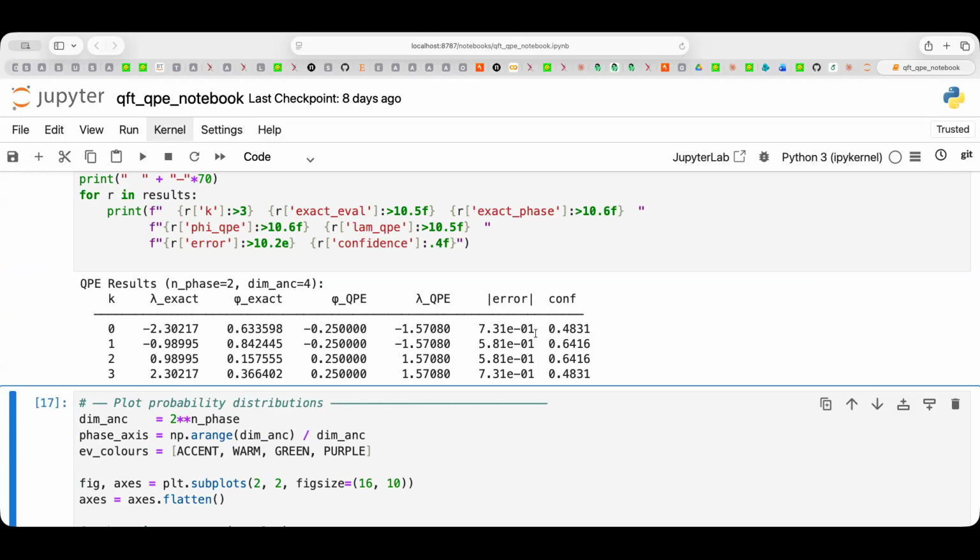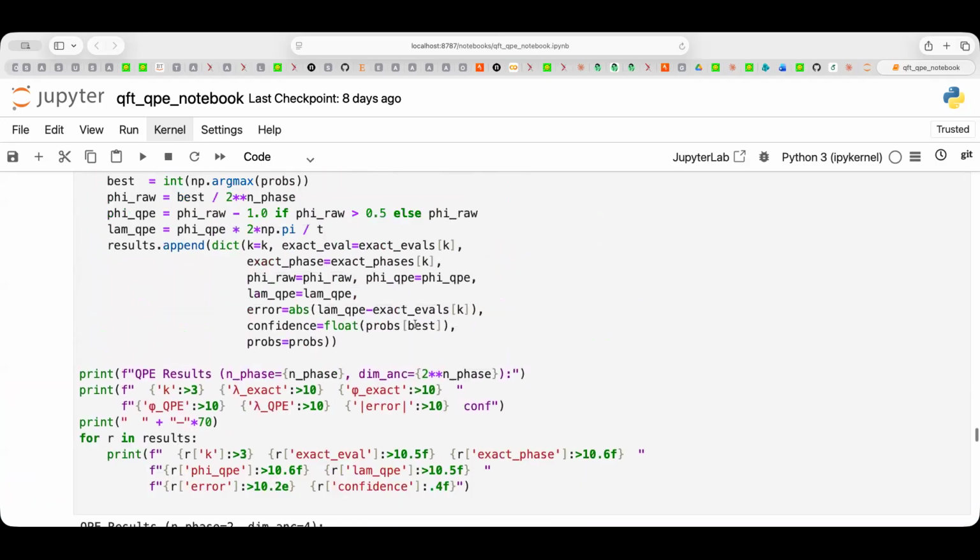When I had only 2 ancilla qubits, you see my error is 10 to the minus 1. And this goes back to the phase estimation, because now with only 2 qubits, I can only represent 4 numbers: 0, 1/4, 3/4, and 1/2. So that means that in this particular case, with only 2 qubits, my QPE is not doing too well.